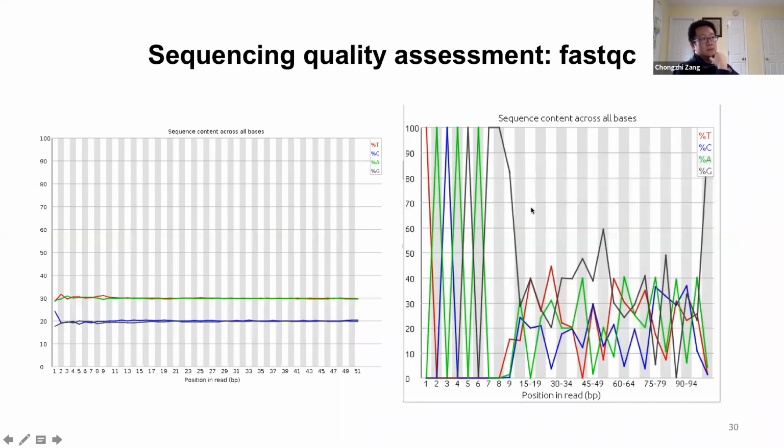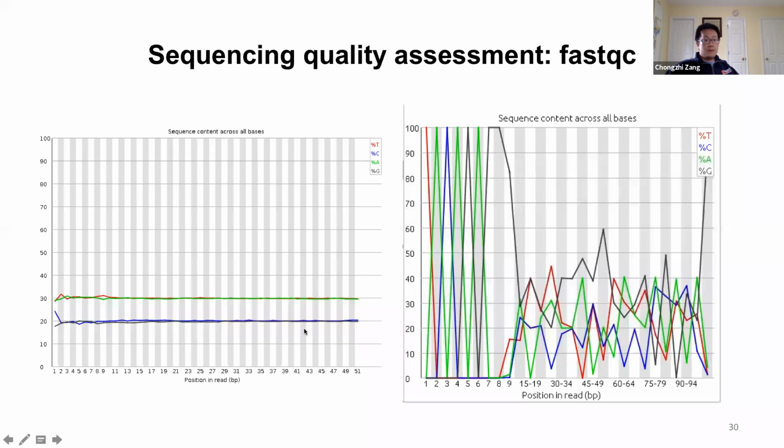Another useful sequencing quality assessment that I can obtain from FastQC is the sequence content across all bases, which means that for each base position, averaging across all the short sequence reads from the data set, we look at the first base, and this tells us the fractions or percentages of the four different nucleotides, A, T, C, and G, distributed in the first base, second base, and so on.